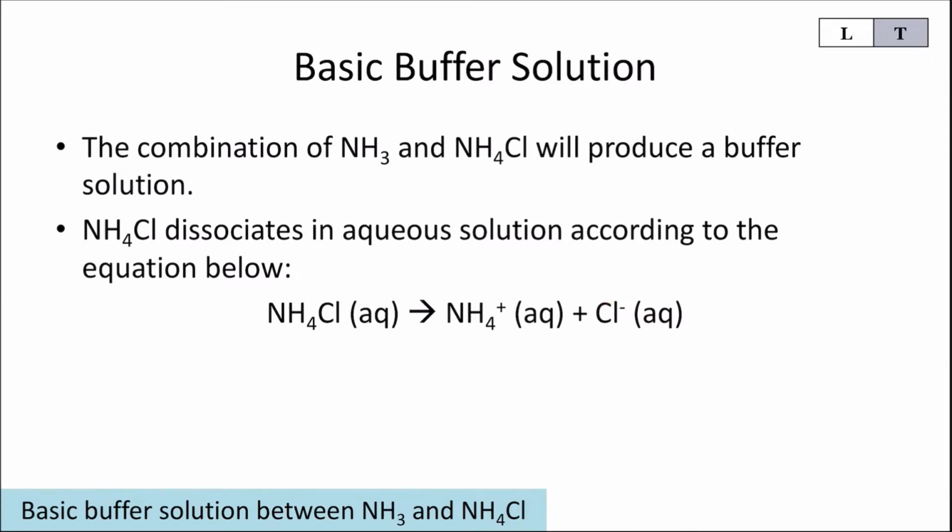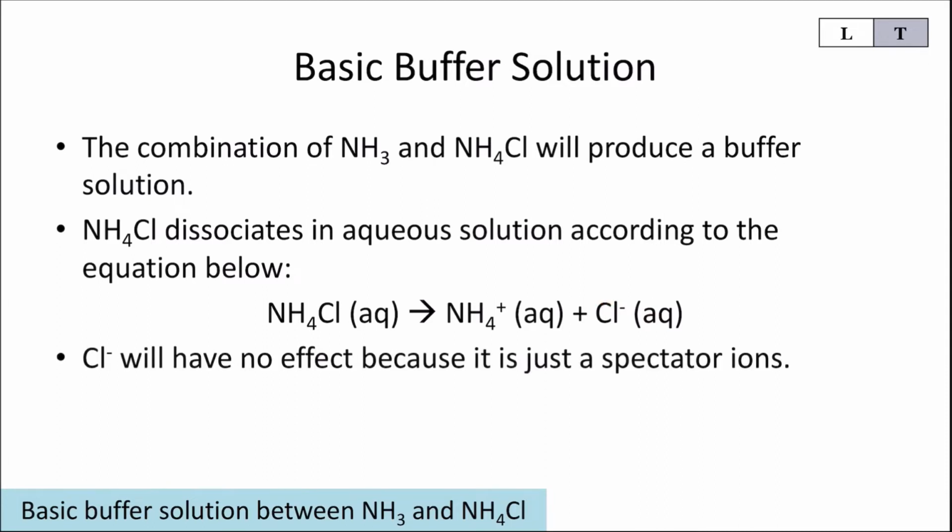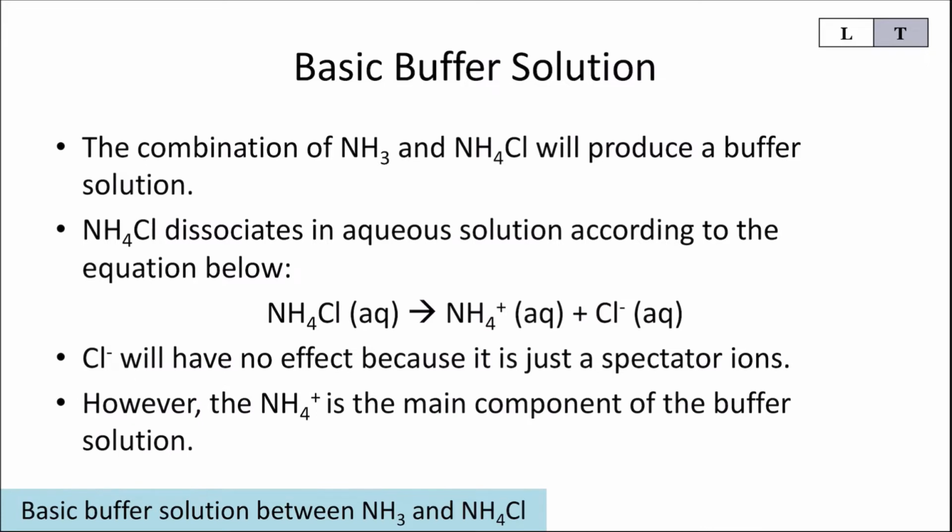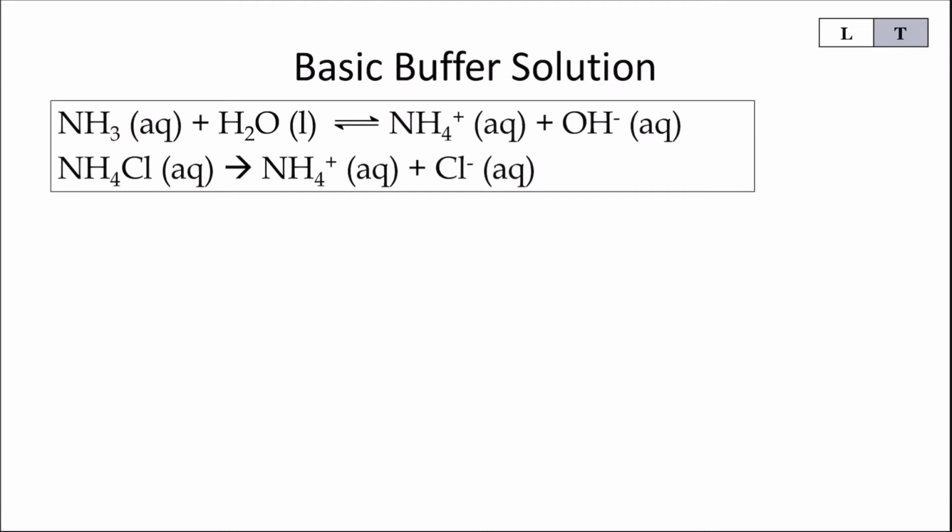Dan untuk Cl-, it will have no effect sebab dia hanyalah spectator ions. Ions yang hanya melengkapi reaction itu. However, ion yang kita nak tengok dalam case buffer solution ini adalah NH4+. So based on my explanation, saya dah ada dua equation. So this is the first equation, this is the second equation.